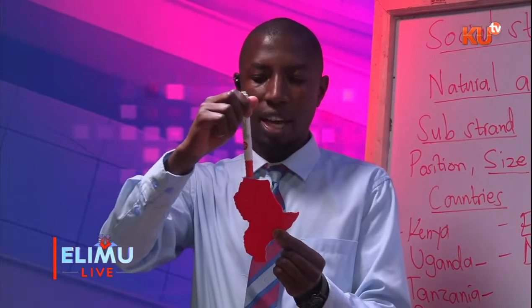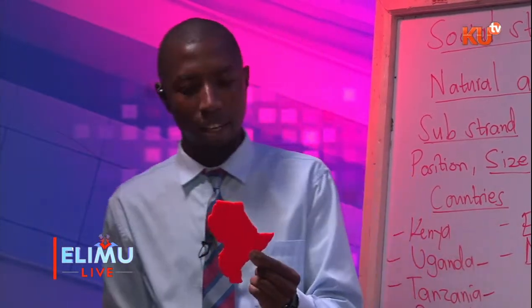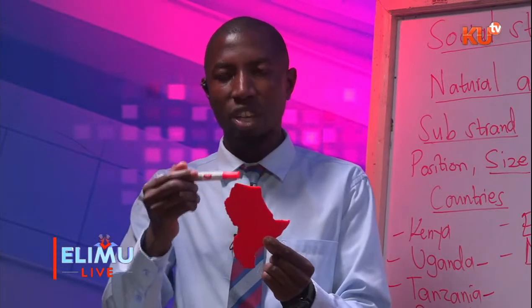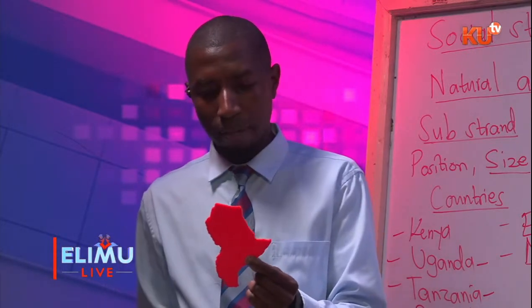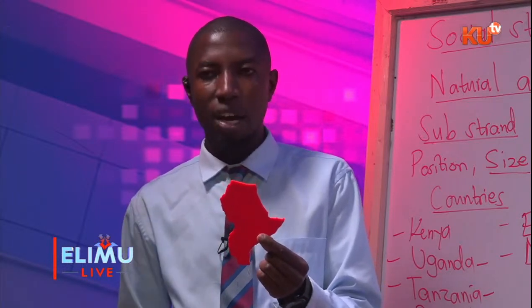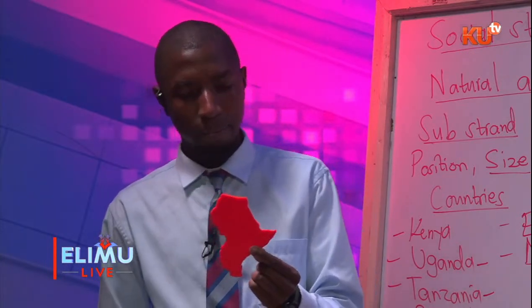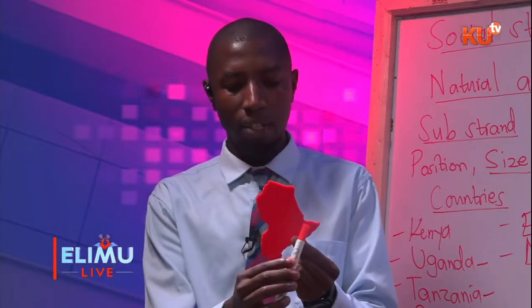Towards the top here, we have Eastern Africa bordering the Red Sea. And the countries which border that are Eritrea and Djibouti. Then somewhere at the center here, down here, is where we have our country, Kenya, and to the south is where we have Tanzania. Then we have Somalia to this side.